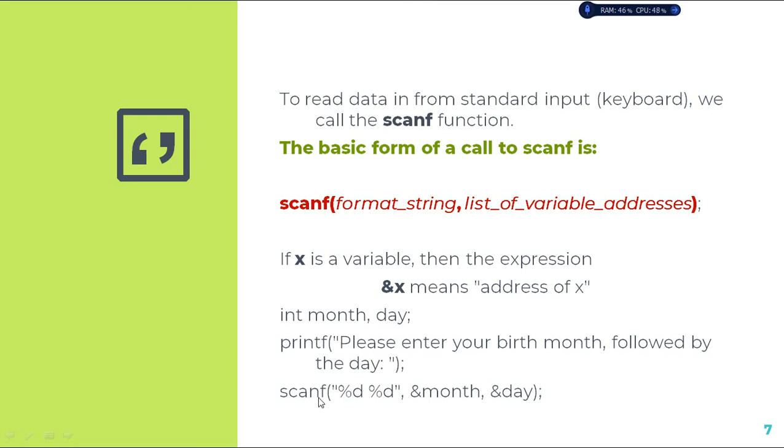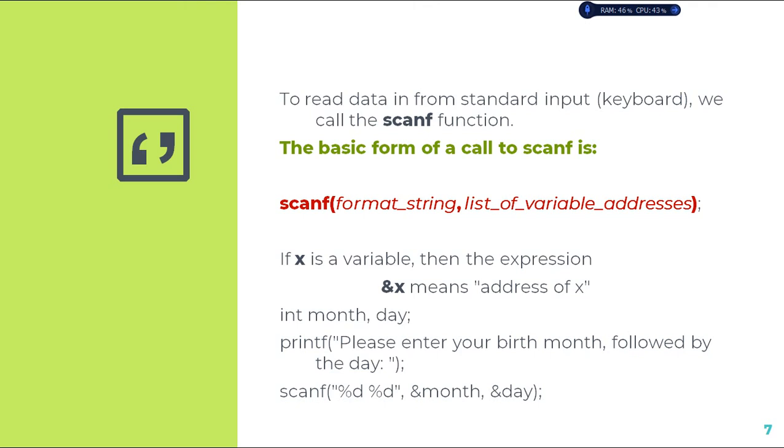Because of that, in my scanf statement I am using my format string here. When you declare a string, you have to give it within double quotation marks, so I have given in double quotation %d %d. Why did I take two %d's? Because I want to read two variable values. Which variables do you need to read? Month and day. How can you provide them?